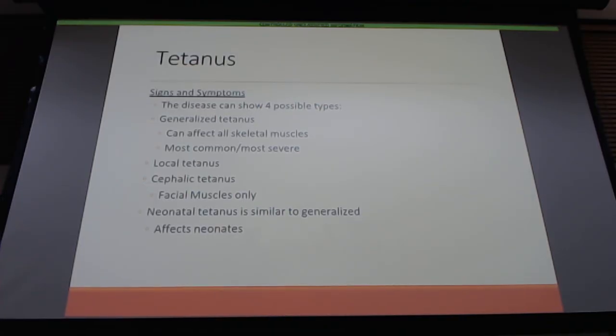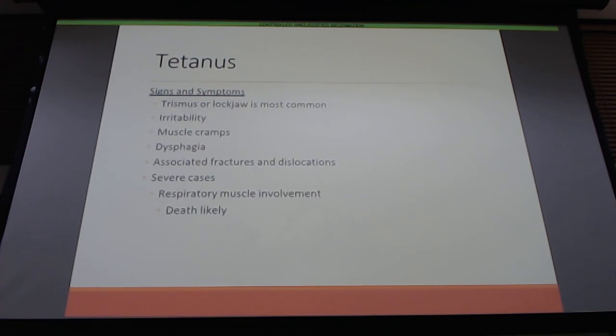So we should use sterilized equipment all the time. This usually in babies kicks in within the first week or two of birth, if we're using something that's not sterile or contaminated.